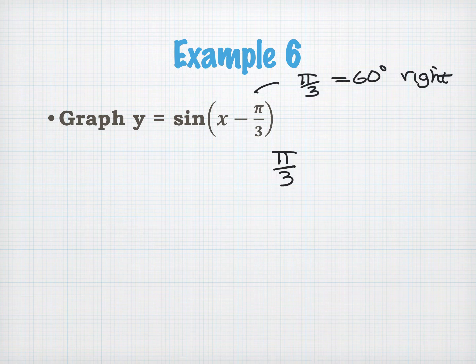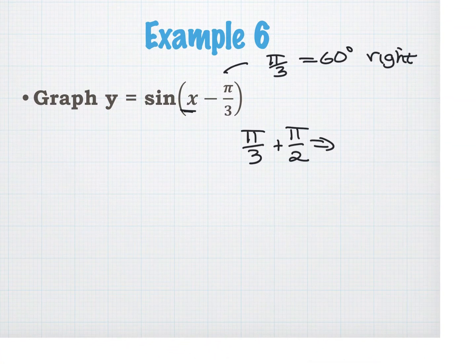And the way that I'm going to find them, because my B value is 1 here, I'm just going to space them 90 degrees. So I'm adding pi over 2 to get my new ordered pairs. When I find a common denominator of 6, my new numerator here is going to become 2 pi. My new numerator for the pi over 2 is 3 pi over 6.